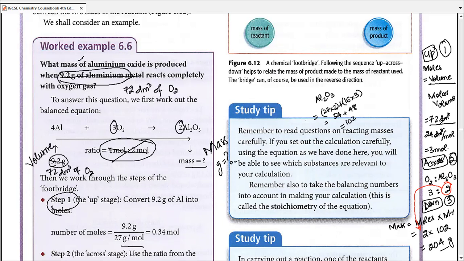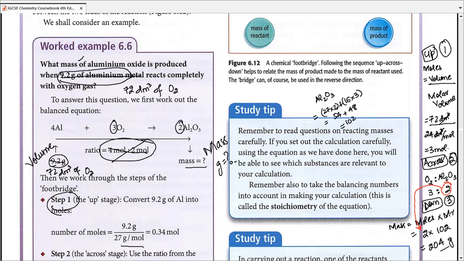So is this understandable for you? Yes, sir. Okay, good. So have you been through these kind of questions before? Sir, not for the volume questions, but for the other questions, yes, I've been through them, where we have to use the ratio and then divide it with the mass, or with other formulas, right?